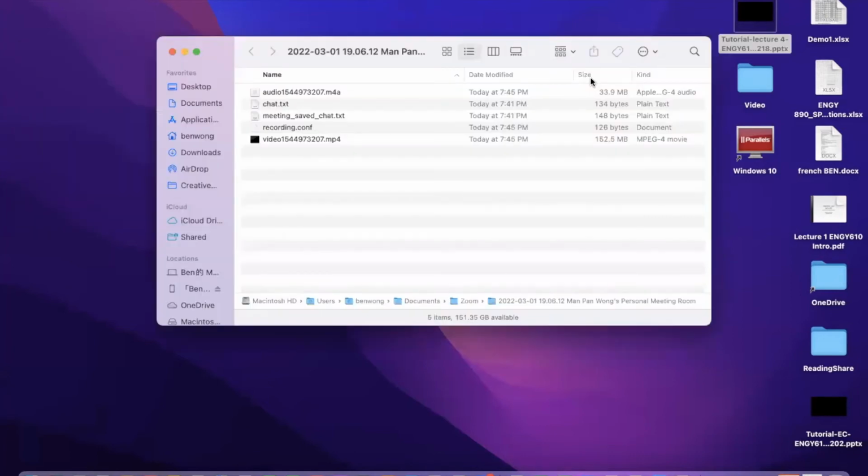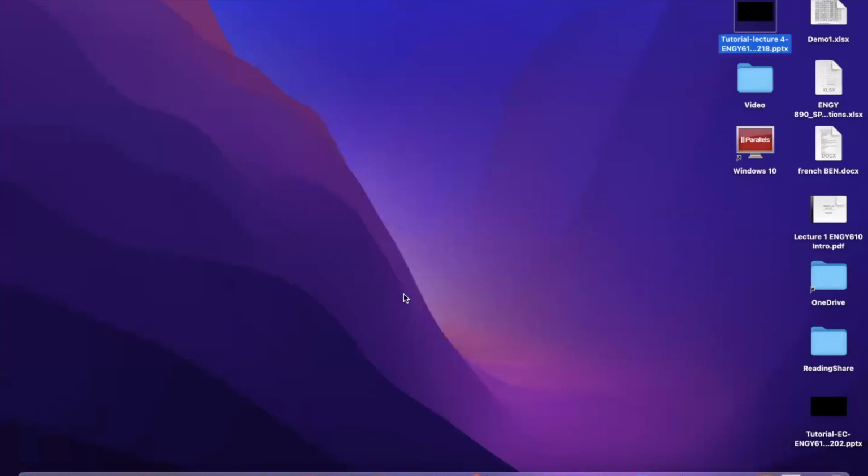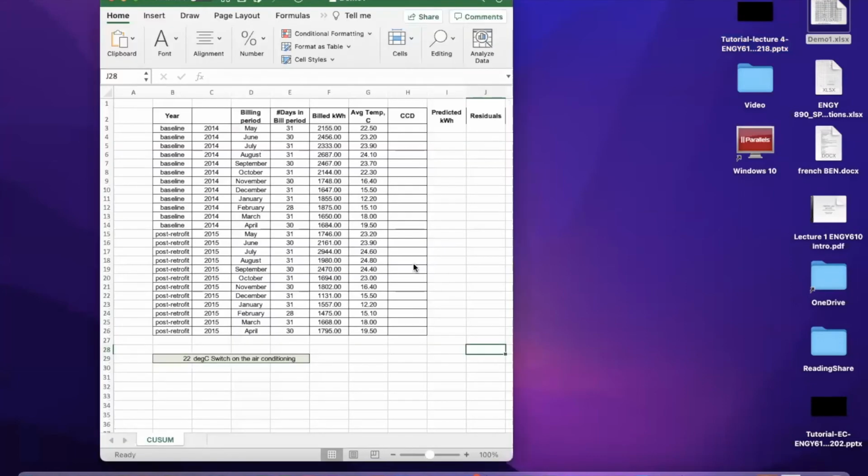The final part I would like to share with you is how to do the regression analysis in Excel.